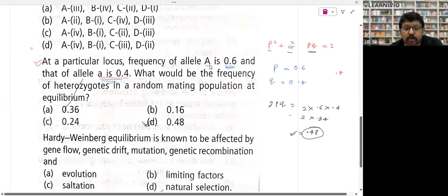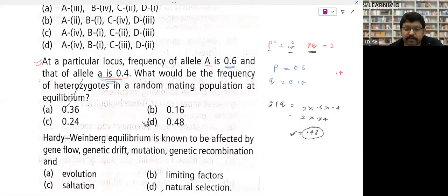It means they are talking about P. So the value of P is given over here, right? So 0.6, and that of allele a is 0.4, right? What would be the frequency of heterozygotes in a random mating population in equilibrium? So the frequency of P is given and the frequency of Q is given, right? So what should be the 2pq?